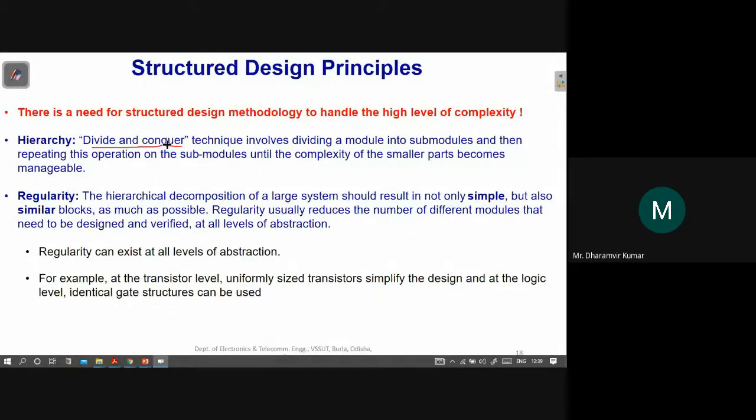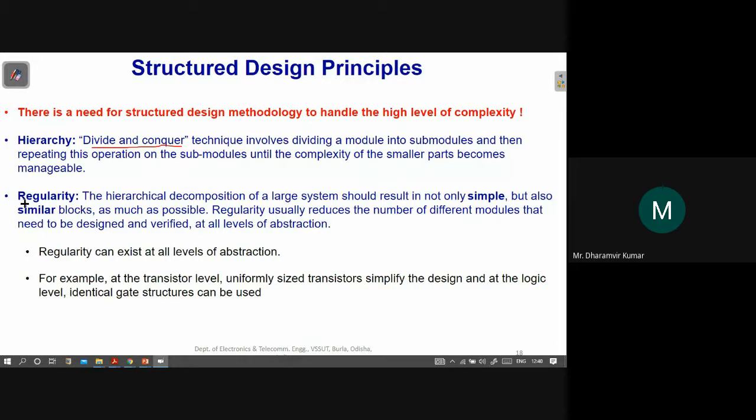It involves the divide and conquer approach, and makes the designing of complex systems easier. Apart from this we have three more concepts which are very important from the VLSI design flow point of view.